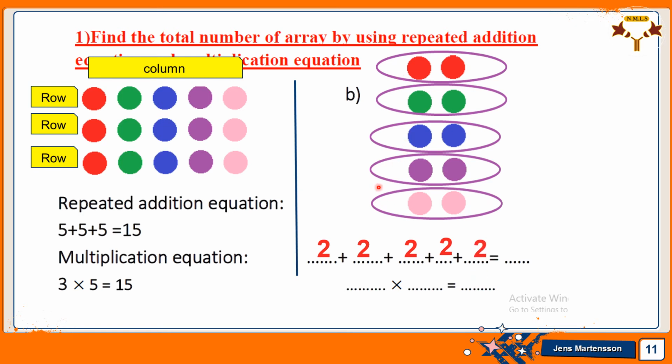So here 2 plus 2 plus 2 plus 2 plus 2 equal, yes, excellent, 10. And we can write a multiplication equation. Here we have how many groups? Yes, I hear you, 5. And each contains how many items? Yes, 2. So here 5 times 2 equal what? Equal 10.